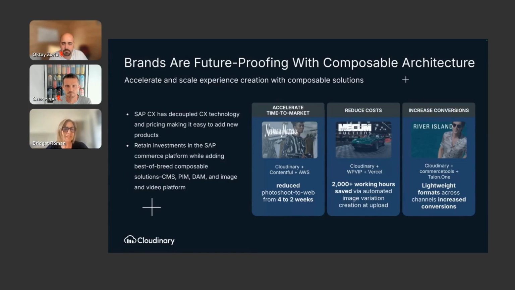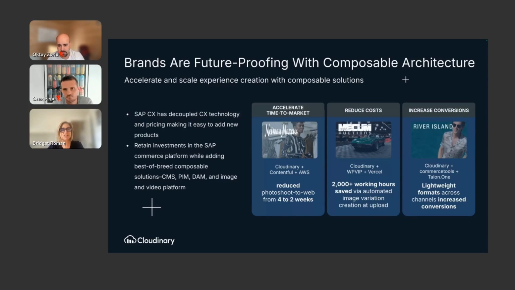As we go through, we're going to share more customer examples and successes of brands that Cloudinary works with that have seen amazing success. So you can see here, Neiman Marcus, beautiful luxury brand. They have moved to composable. They're using Cloudinary. They've reduced their time to get from photo shoot to web from 4 weeks down to 2 weeks. So huge benefit in time to market there. We work with Mecum Auctions.